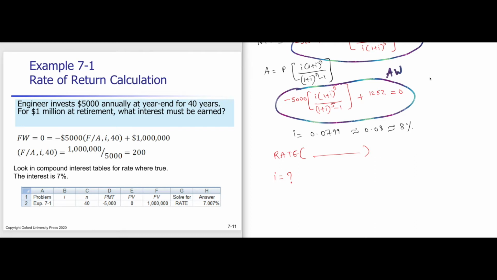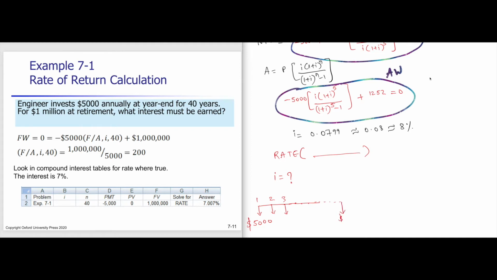So if you want 1 million, the cash flow looks like this. The engineer invests 5,000, so 5,000 is going out of the pocket for 40 years. At the end of the first year, at the end of the second year, at the end of the third year, at the end of the fourth, and so on, up to 40.